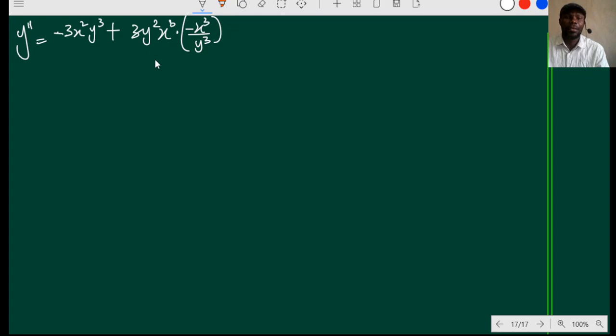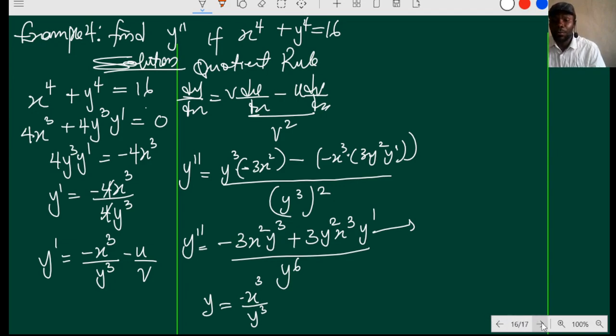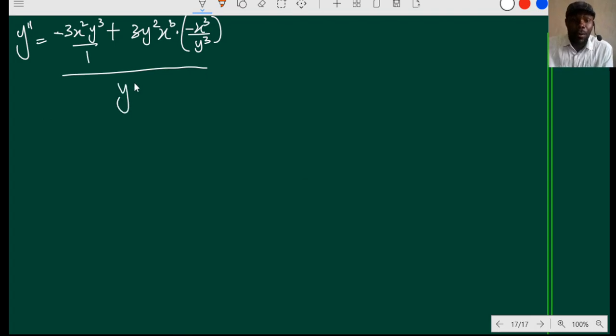Let's put it in a bracket so to have a meaningful thing. This is also over y raised to power 6.